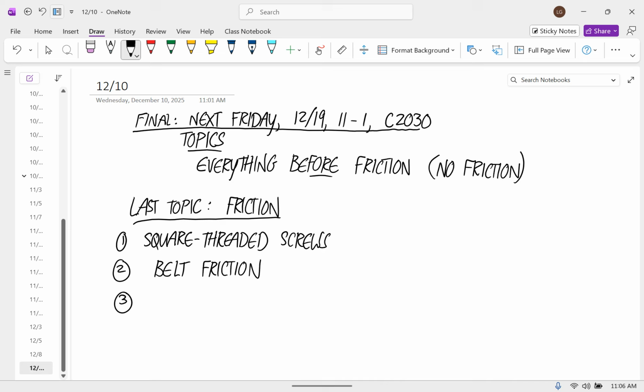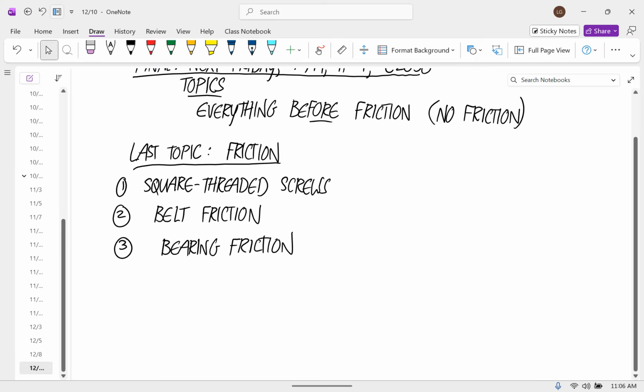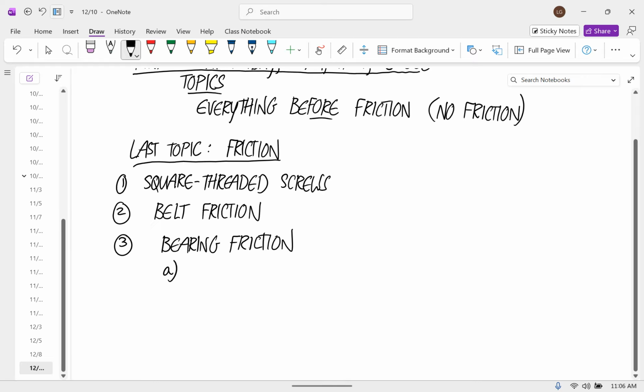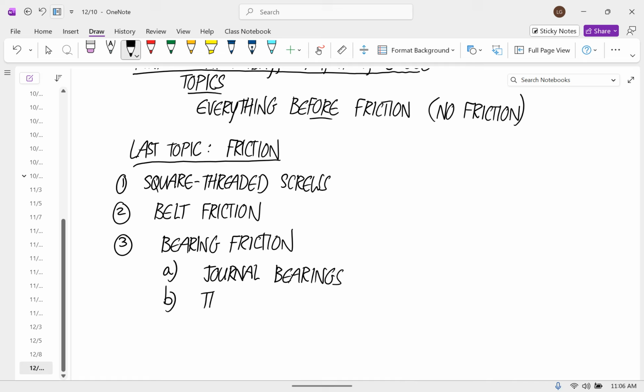And the third one is bearing friction. And there are two types of bearing friction that we'll talk about. Journal bearings and thrust bearings. You know, we'll see how much of all of this we'll get through.